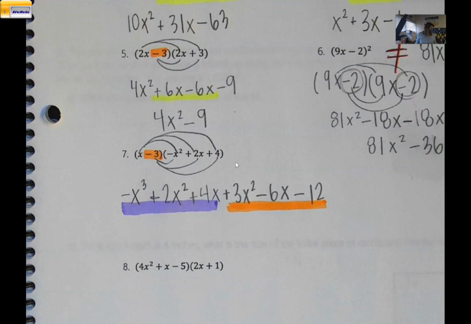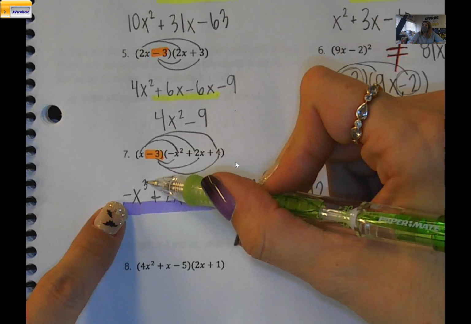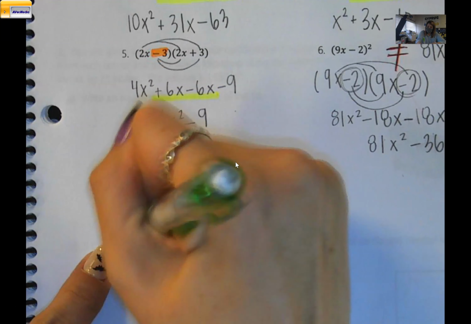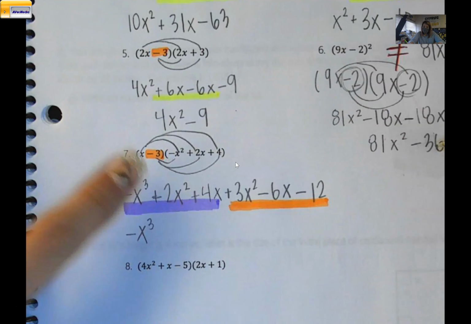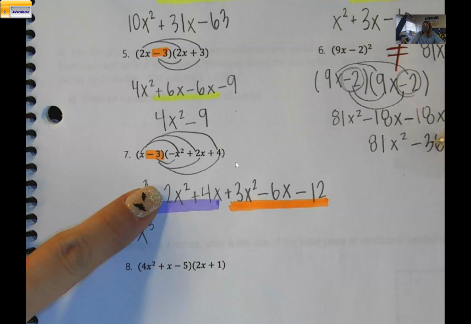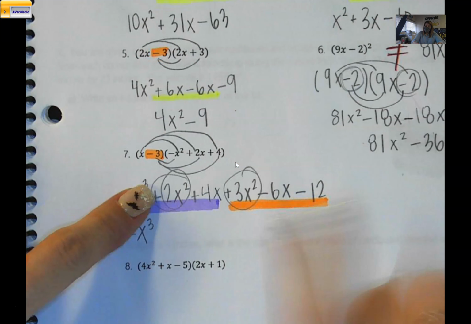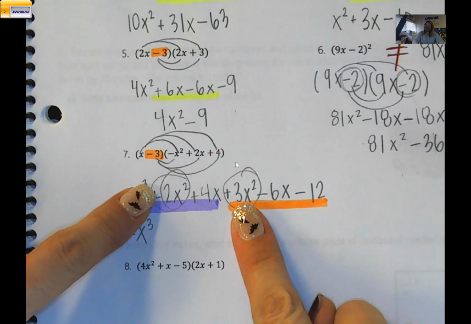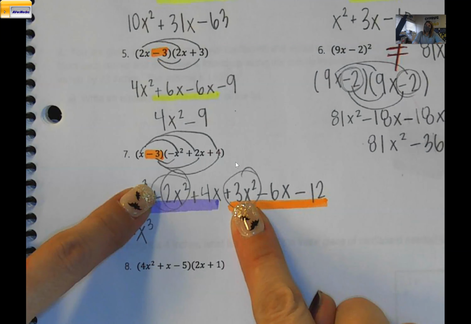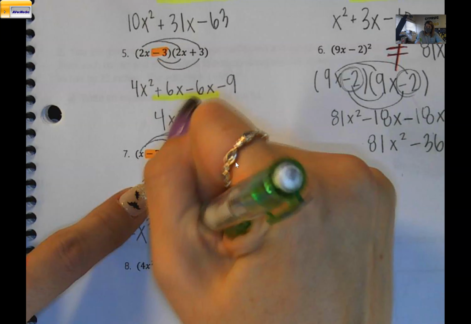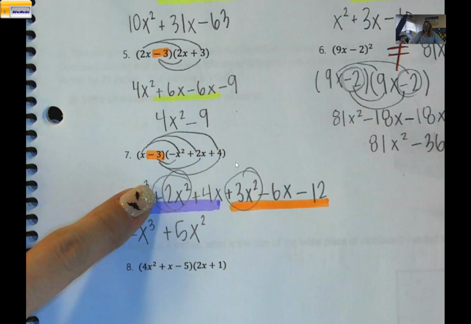So now we combine like terms. We go through and we check, do we have any other x cubes? Nope, so we just drop that one down. Then do we have any other x squareds? Yes. You have a plus 2x squared and a positive 3x squared. So that's going to go to positive 5x squared.